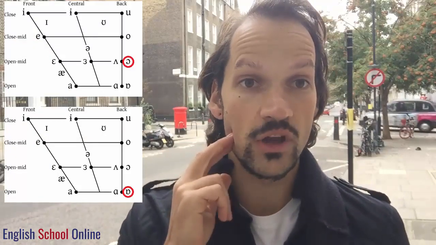If you look on a vowel chart, you'll see that for O, my mouth is 3/4 open, or. For O, it is fully open. O. Okay? Let's go back to the exercise.